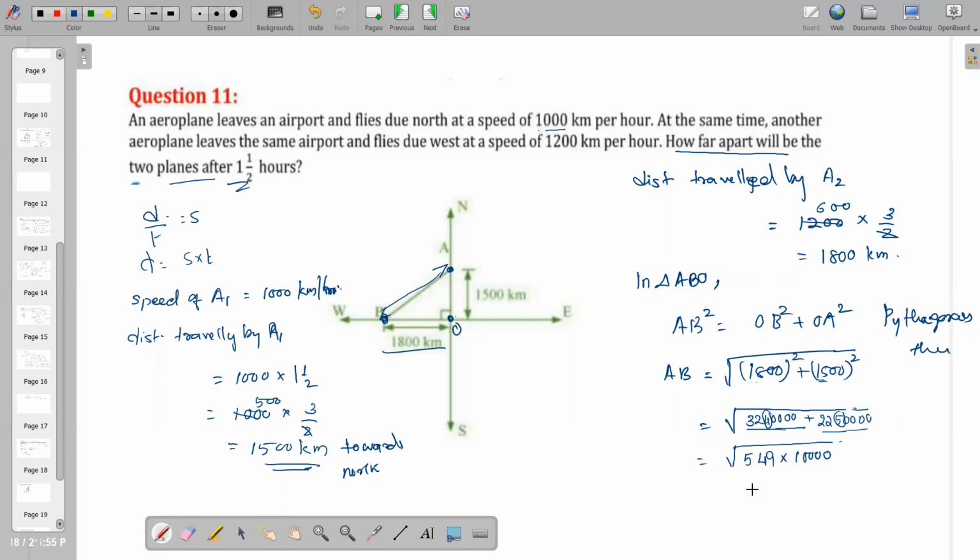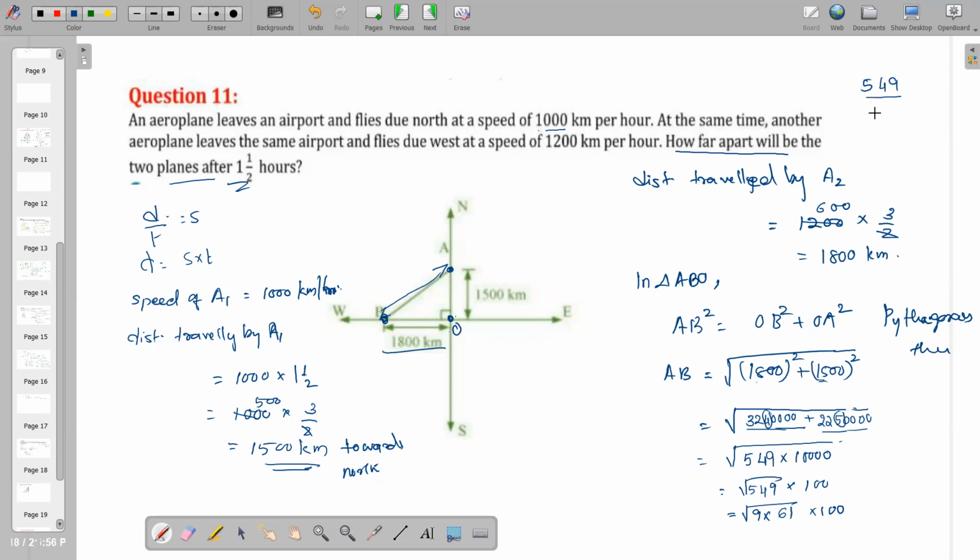The square root of 10,000 is 100, into the square root of 549. We can write 549 as 9 into 61, times 100.